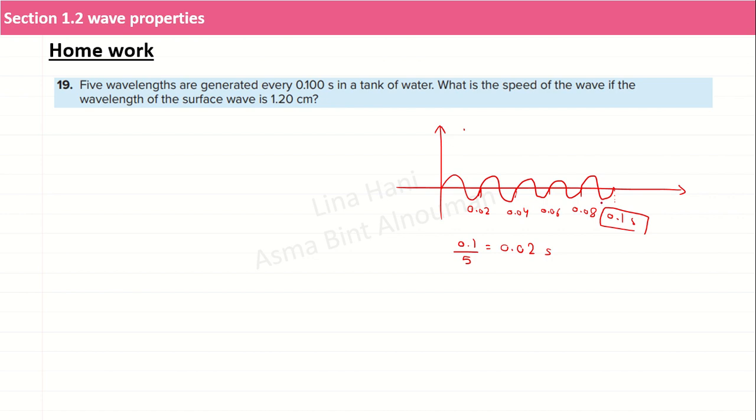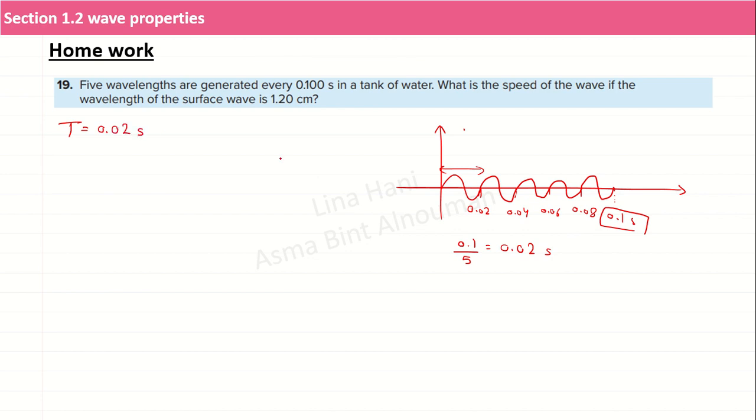The fifth wave, you add 0.02 to 0.08 and it gives you 0.1. So you can see that each wave takes 0.02 seconds to be created. So this is the period, the time it takes to create one wave or one wavelength is called a period. So T is equal to 0.02 seconds.